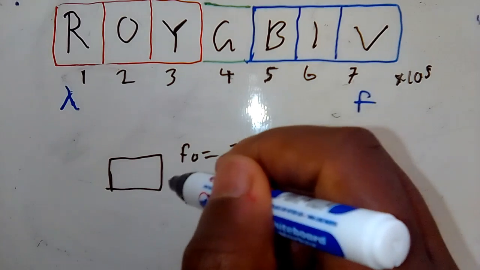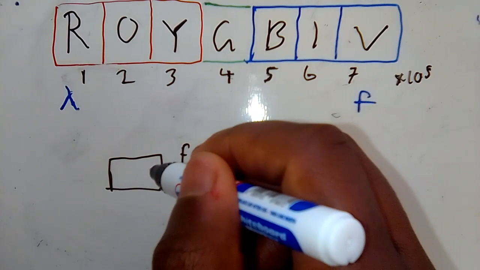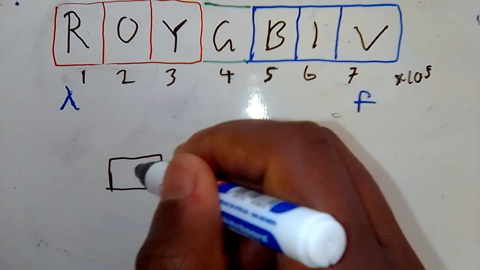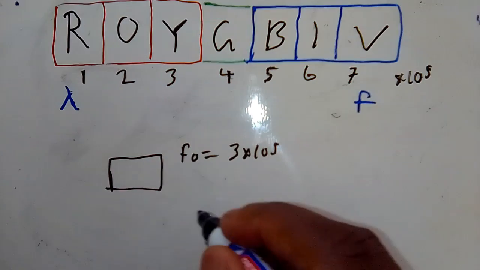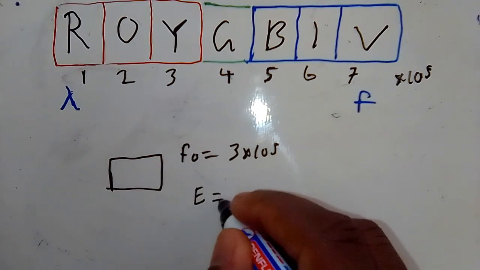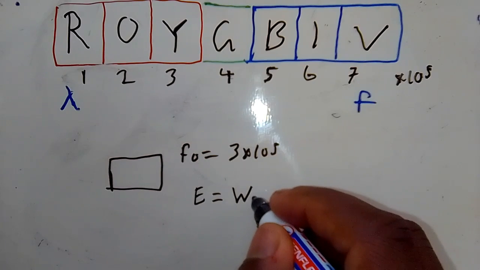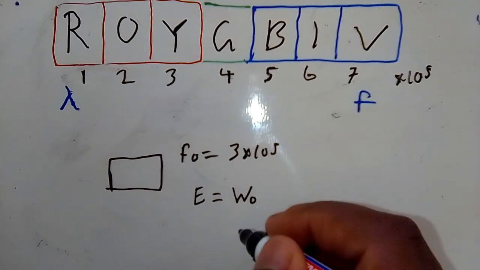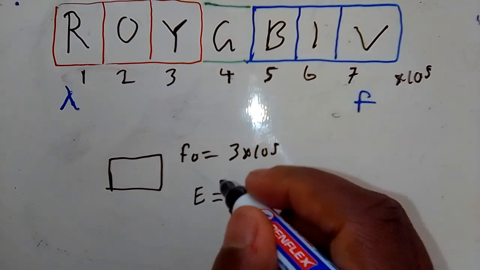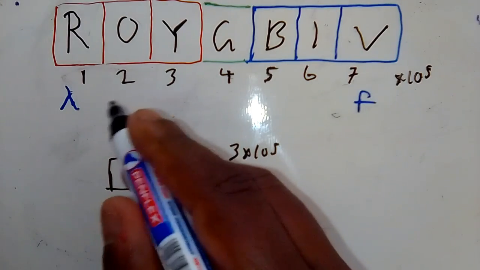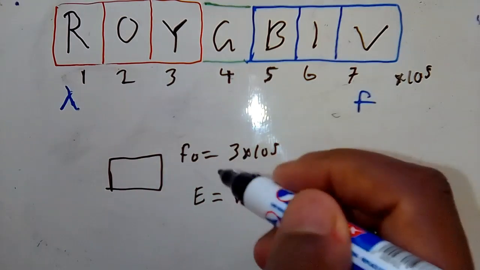So what will happen? Electrons will get emitted from the surface of the metal, but they will not have kinetic energy, because the energy of the light is equal to the work function, or simply because the frequency of the light is equal to the threshold frequency.